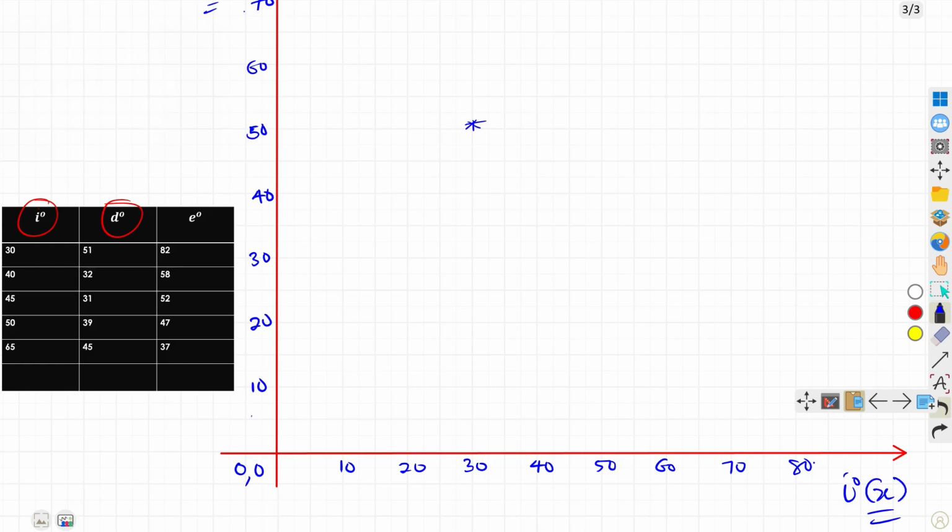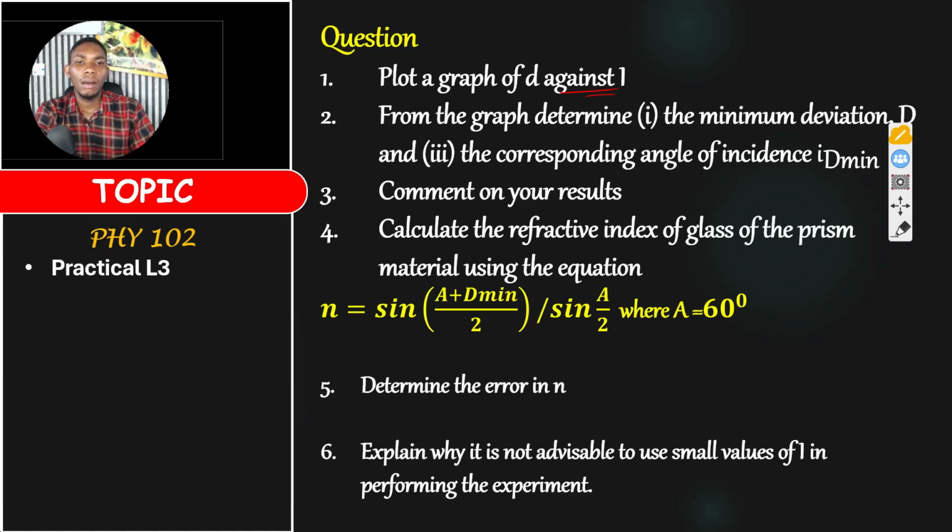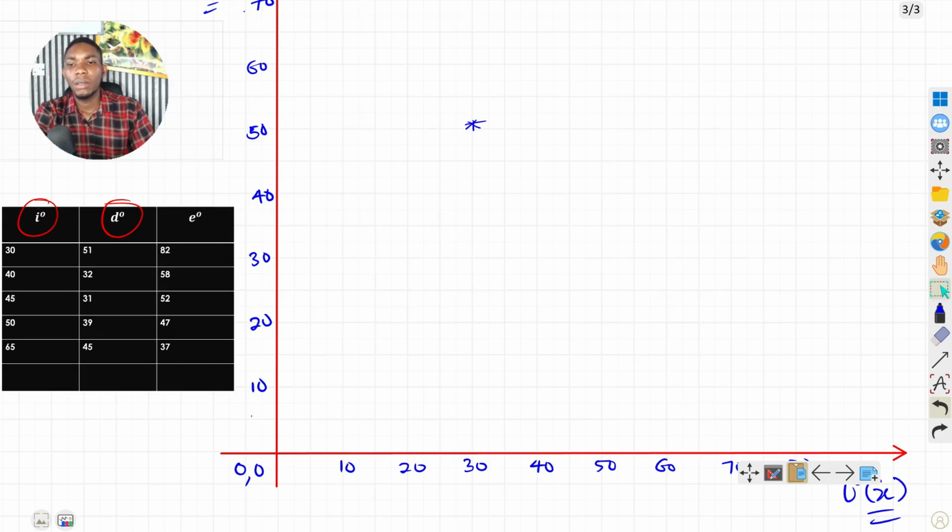Are you sure they ask us to plot a graph of D against I? Yes, D against I. So when D was 32, I is 40.